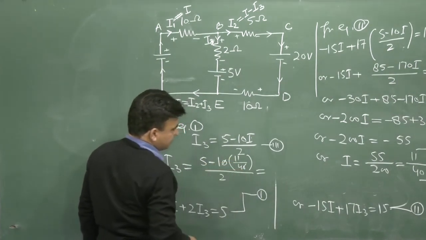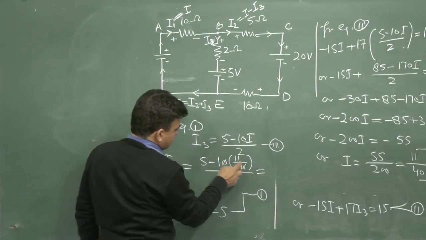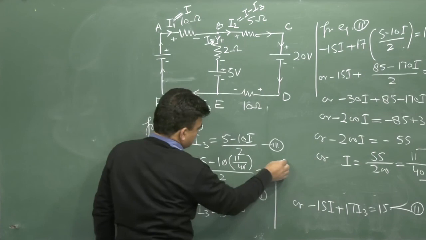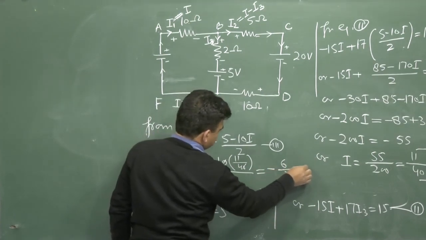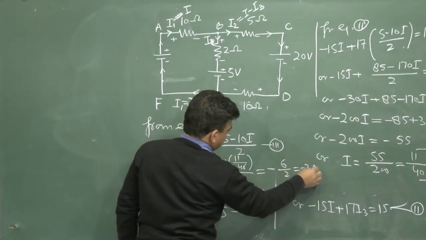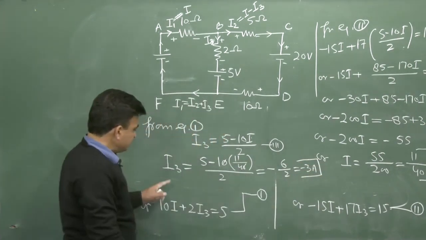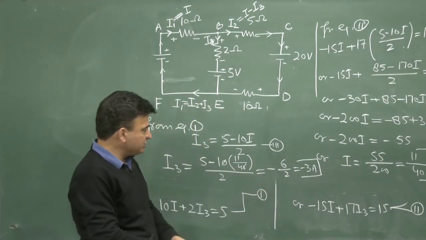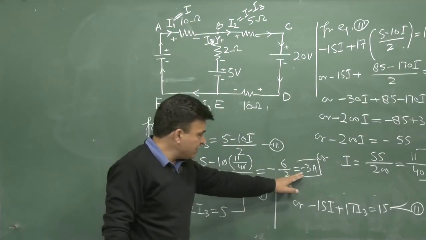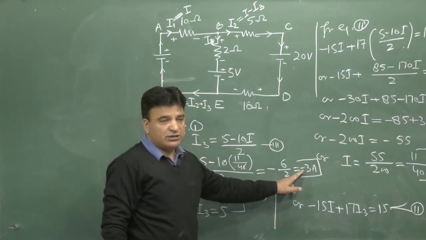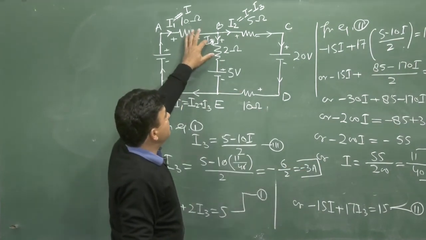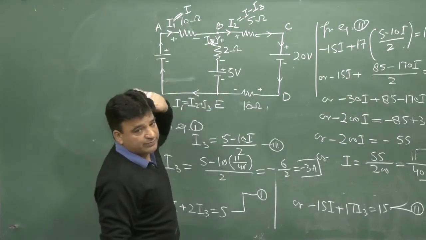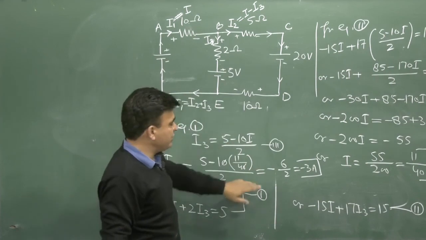It is 5 minus 11 by 2. 5 minus 11 is minus 6 by 2, which is equal to minus 3 amperes. Here we get the sign of I3 as negative. Don't change it, don't write it positive, put it like this. The negative sign represents that the direction of I3 is not from B to E, it is from E to B.